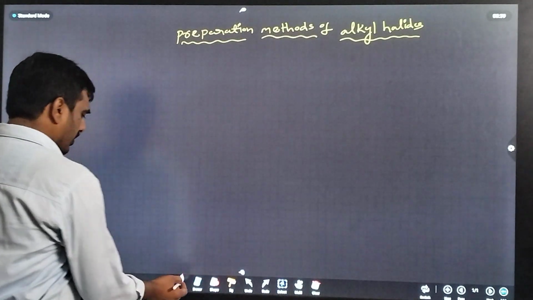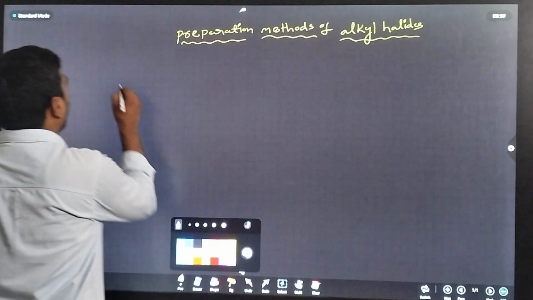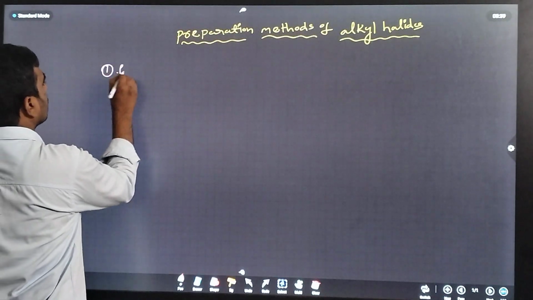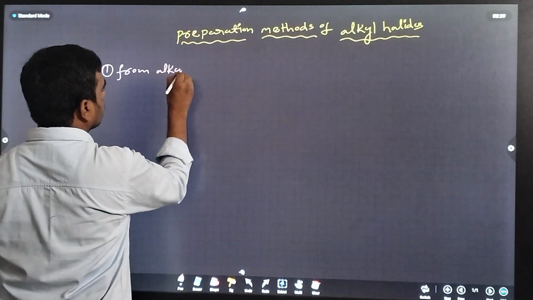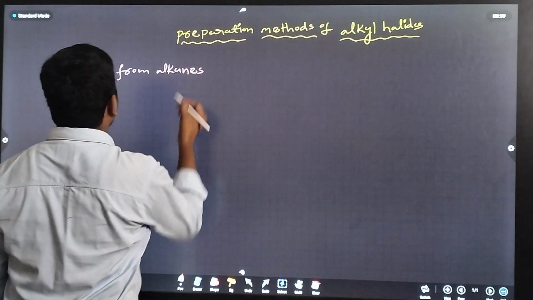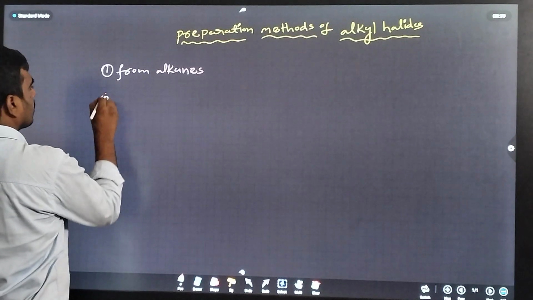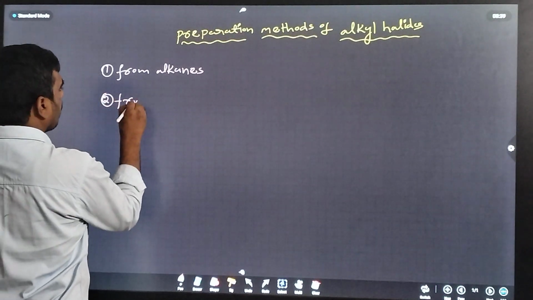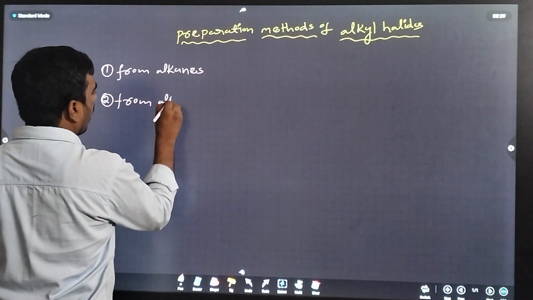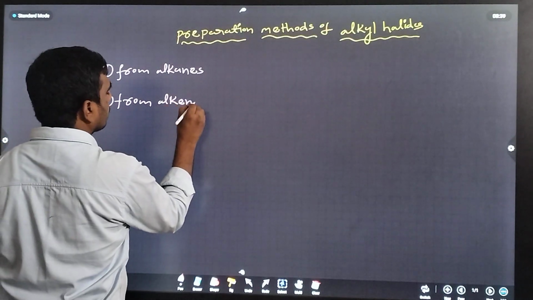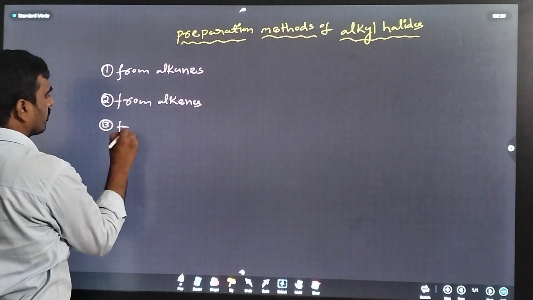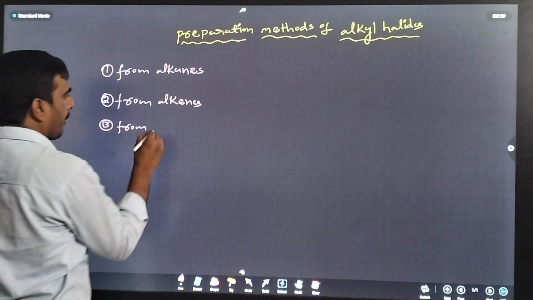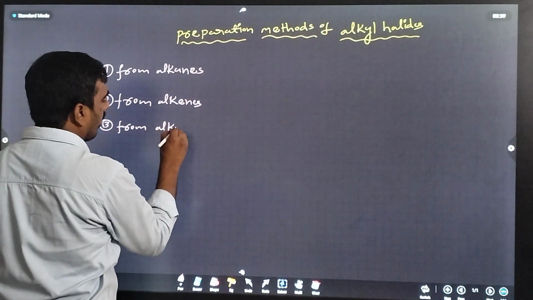So the first preparation method is from alkanes. The second one is from alkenes. The third one is from alkynes.